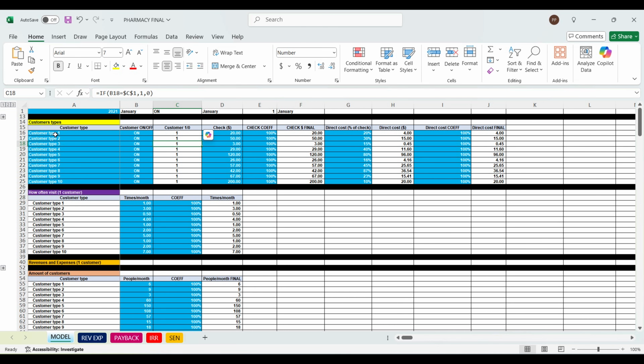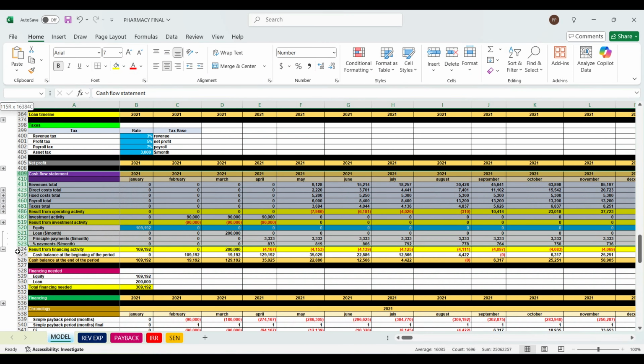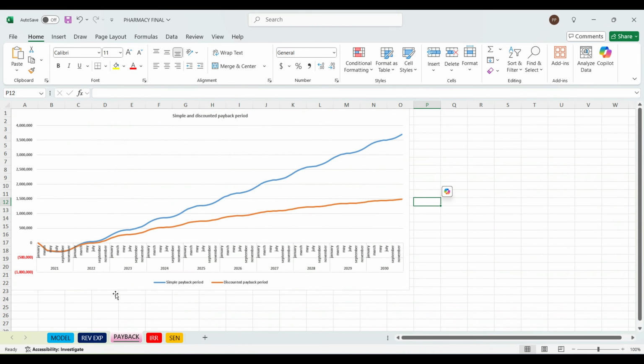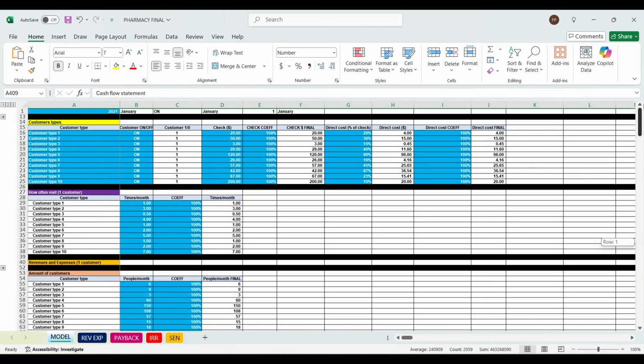Once we are done with the model, we've created some scenario. We're looking at the cash flow and we see the simple and discounted payback period, and we think that we are too optimistic with this or that type of customer.